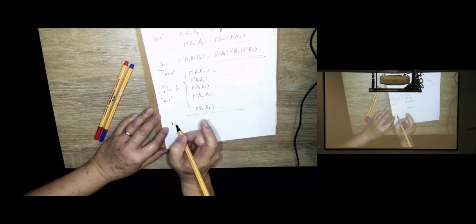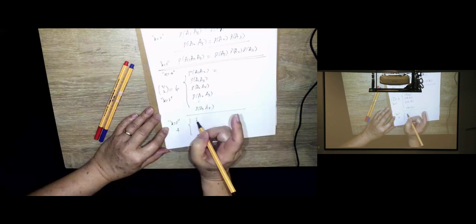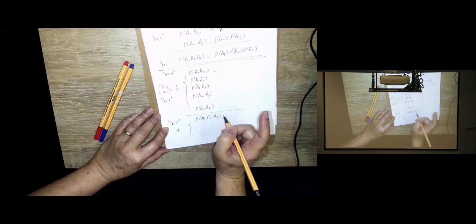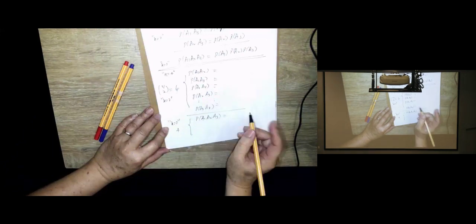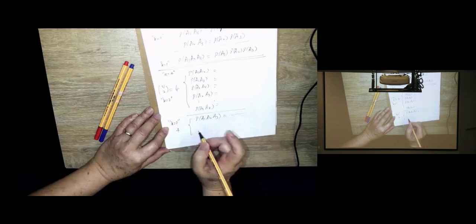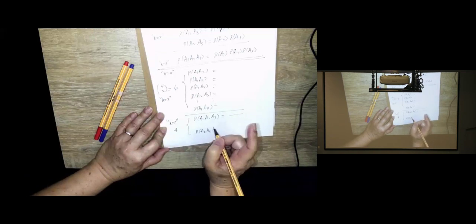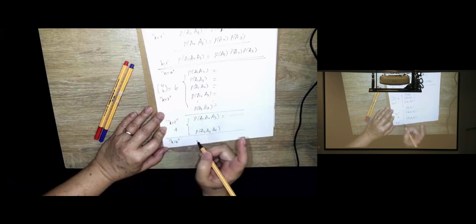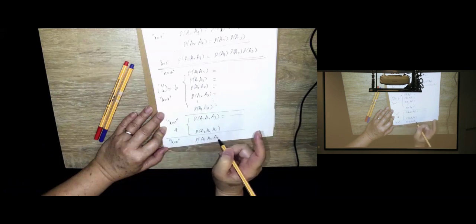And then k equal to 3. There are 4 of them. A1, A2, A3. Okay, and the last one is A2, A3, A4. And that is not it. You still have k equal to 4.